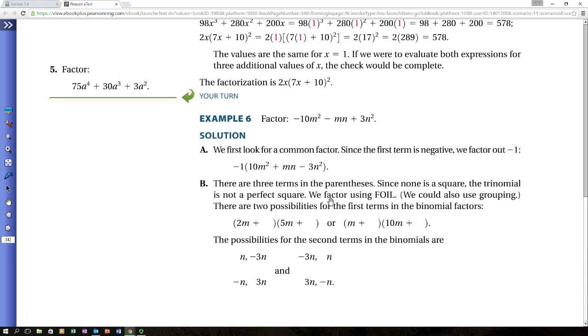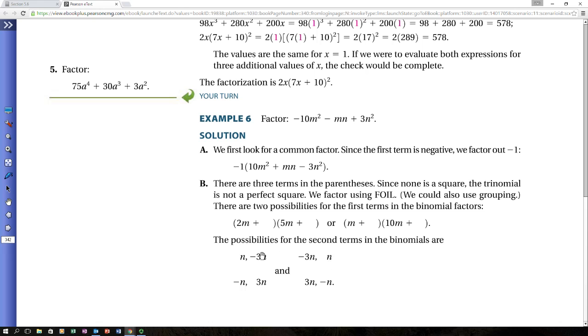So what they're going to go to is FOIL, and they go through the FOIL method here nicely. We have 2 possible combinations to start with for the first term, because we could take 2m times 5m and get 10m squared, or we could take m times 10m and get 10m squared. This is really a review of using FOIL to factor.